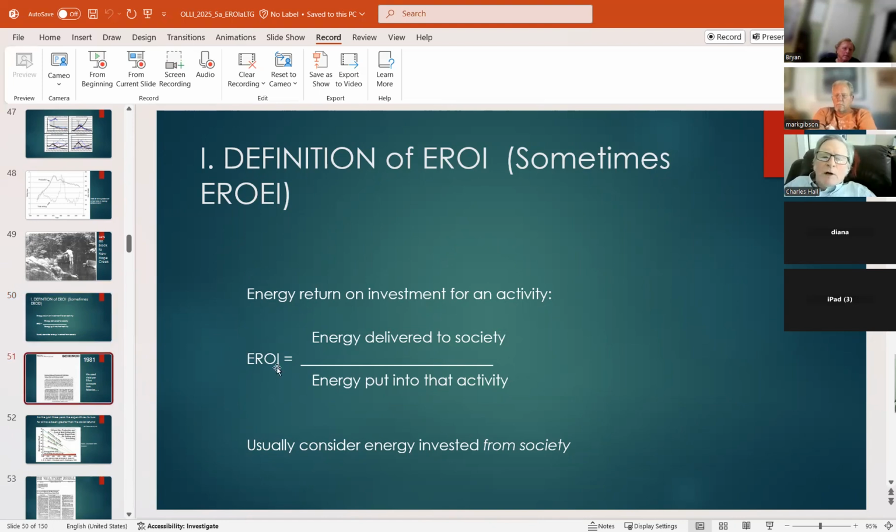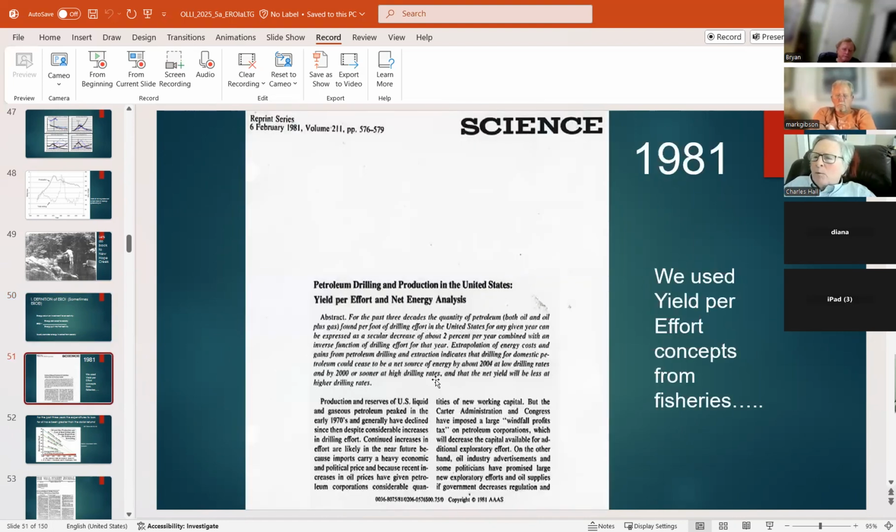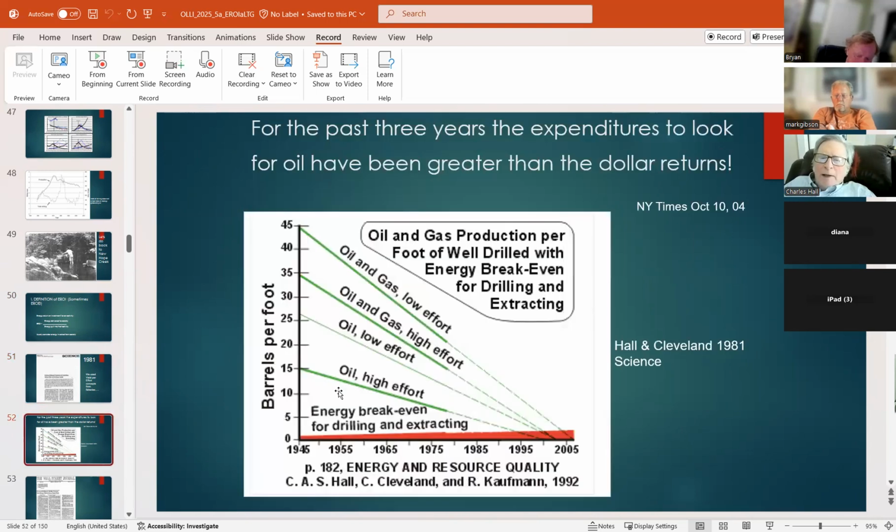And we started with this paper in 1981, examining that for the United States. The oil and gas that we're getting over time, this is just a conceptual model, was declining, and the energy break even for drilling and extraction was increasing.